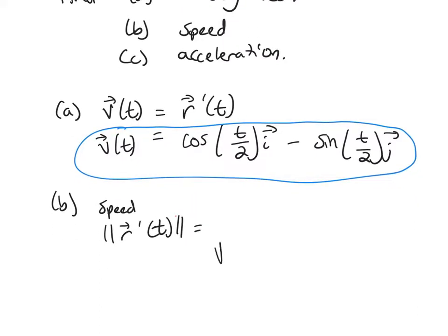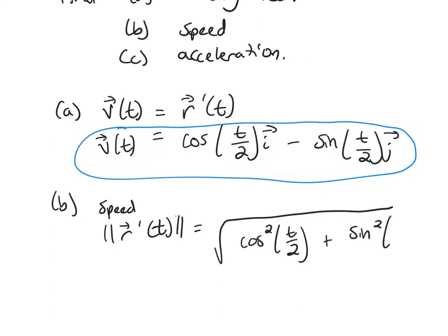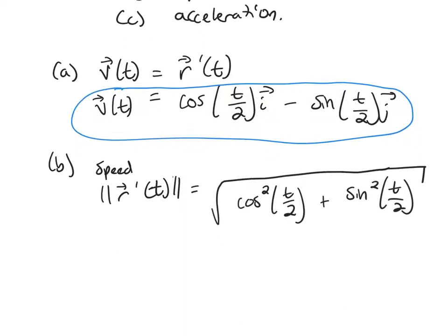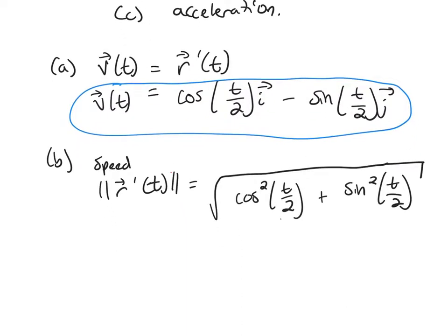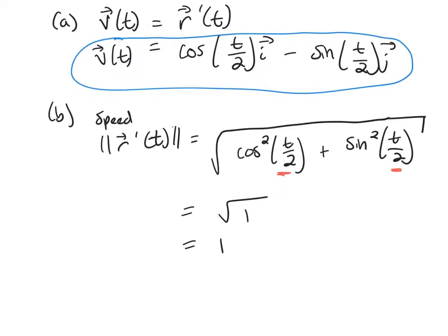So here, if I take the magnitude of my answer from part A, I would get the square root of cosine squared t over 2 plus sine squared t over 2. And because I have the same angles in here, this says cosine squared plus sine squared, that's equal to 1. And so the speed is 1. This particle has a constant speed.